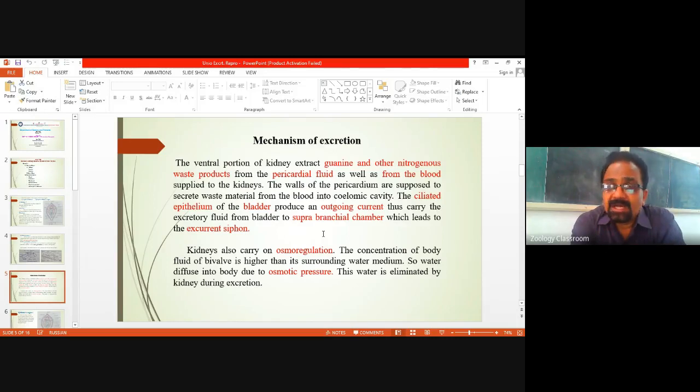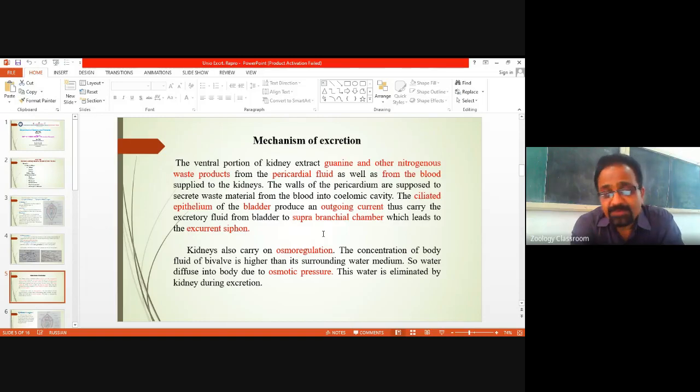So osmotic pressure difference is there, and body fluids flow from the body towards the surrounding medium. So conservation of water is a problem for marine animals.